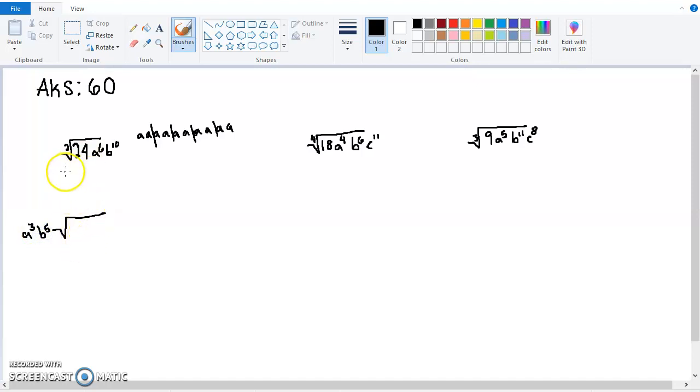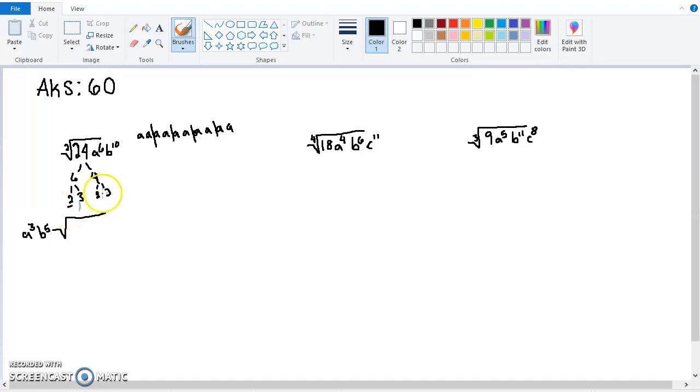And then after that, you have to break down your number here. Two numbers that equal 24 are 6 and 4. You're basically doing your tree. 2 times 3 equals 6, and then 2 times 2 equals 4.